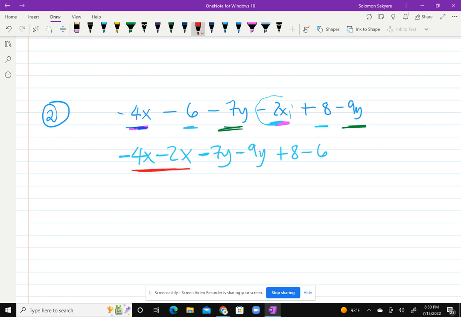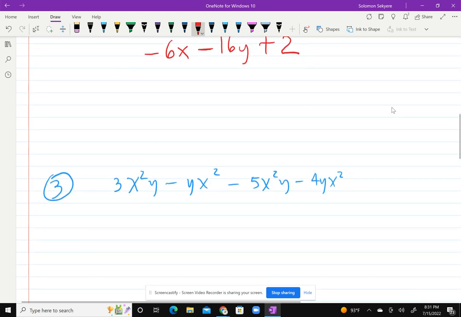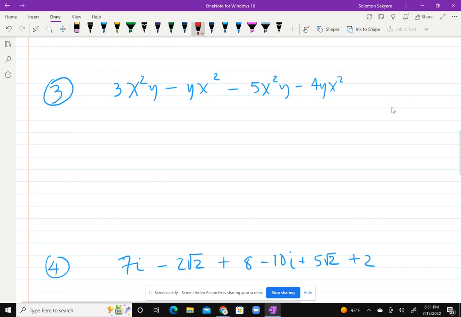Negative 4 minus 2 is negative 6x. Negative 7 minus 9 is negative 16y. 8 minus 6 is positive 2. You're done. You've simplified this expression right here.